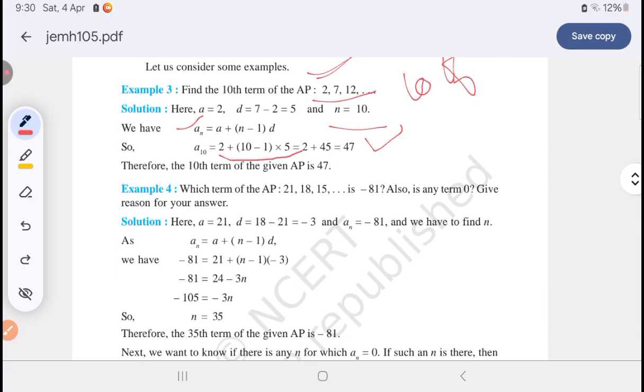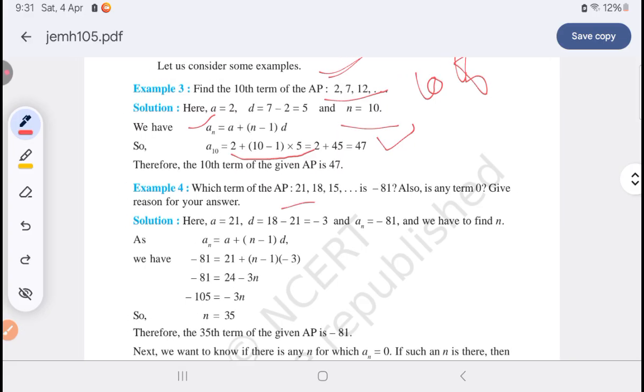And in some other way, some questions ask differently. Which term of the AP 21, 18, 15, and so on is minus 81?